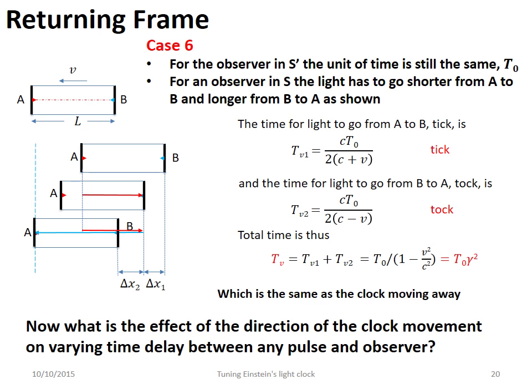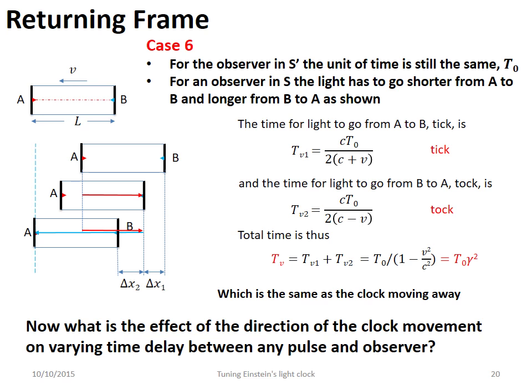The time for light to go from A to B, or tick, is c t0 divided by 2 times (c plus v), and the time for light to go from B to A, or tock, is equal to c t0 divided by 2 times (c minus v), and the total time is again t_v equals t0 times gamma squared, which is the same as the clock moving away.